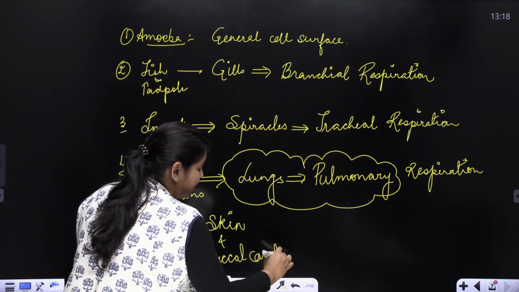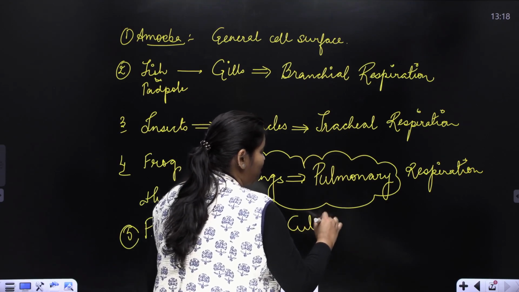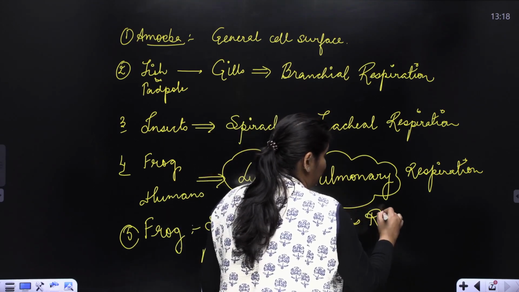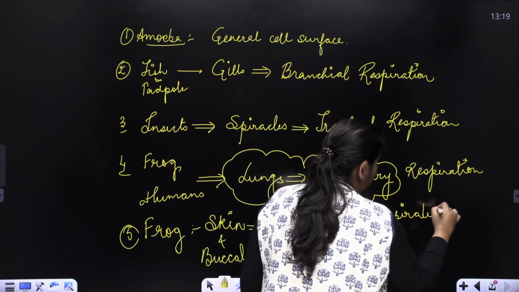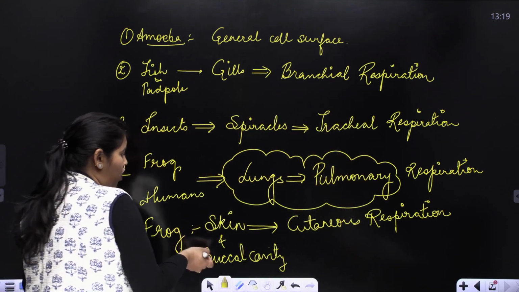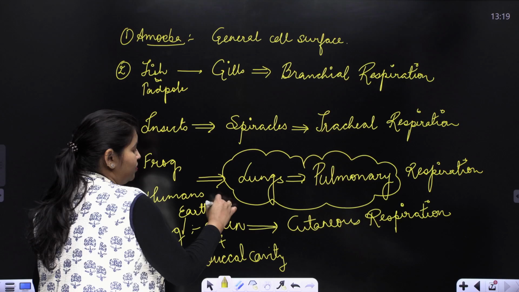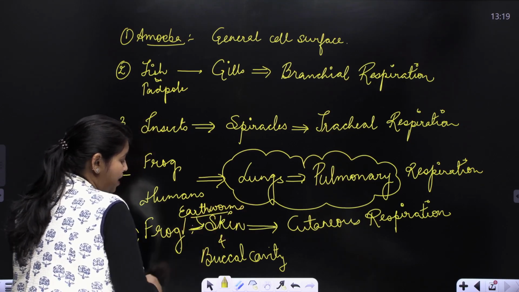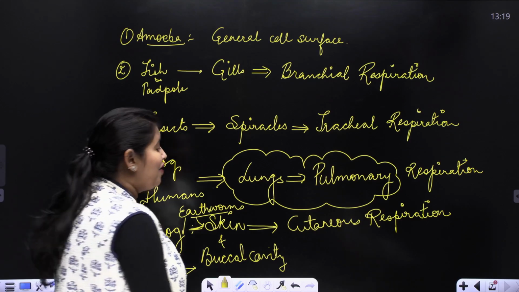So, the other terms that you need to know, with skin, it is cutaneous respiration, which happens in case of earthworm also, who respires through the moist skin. All right. So, frog and earthworm respire through the skin, and frog can also respire through the buccal cavity.